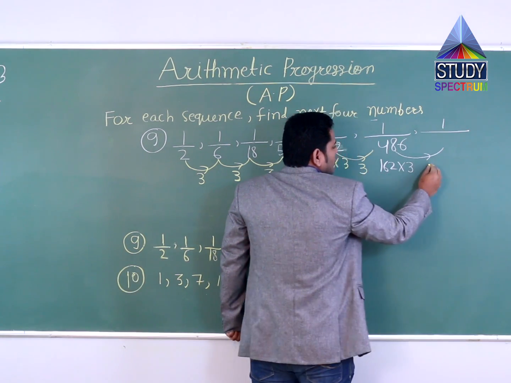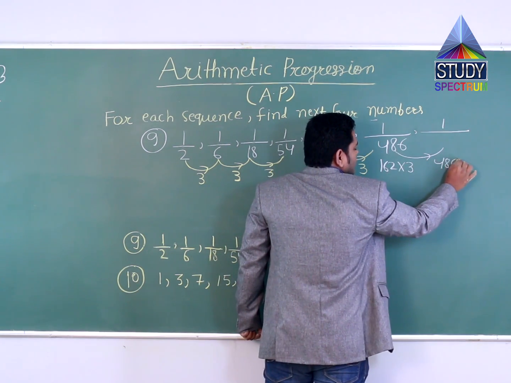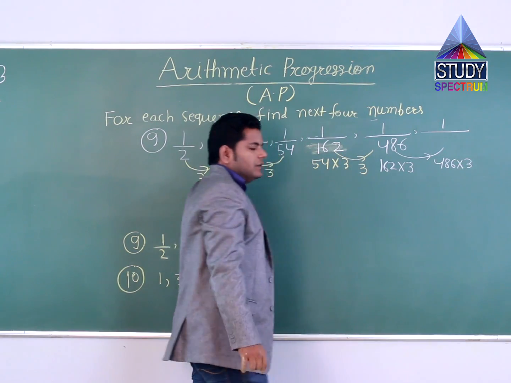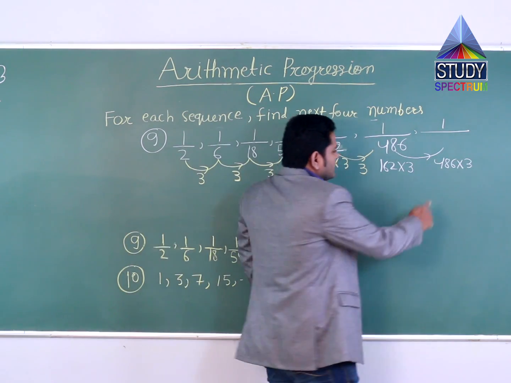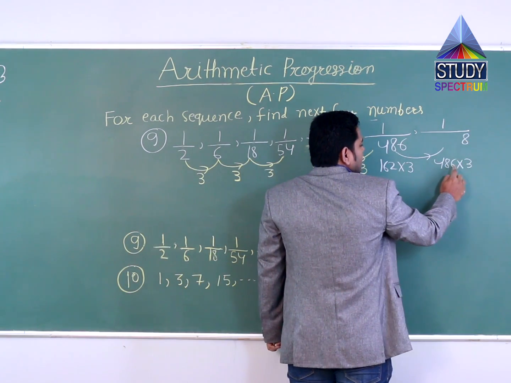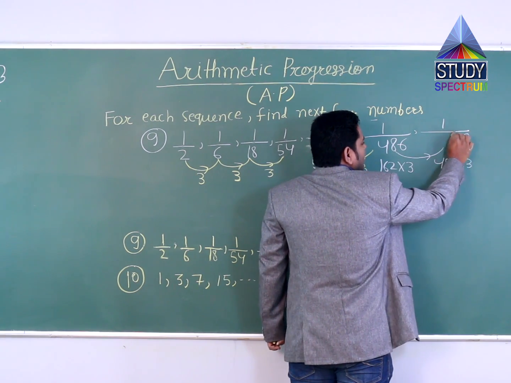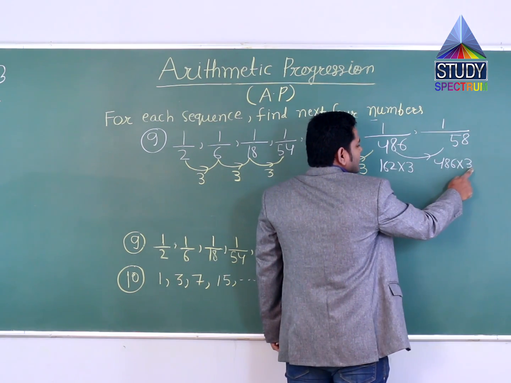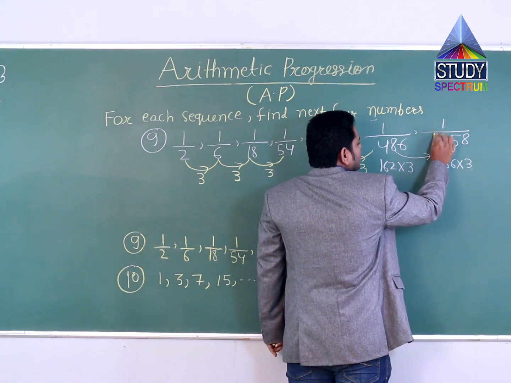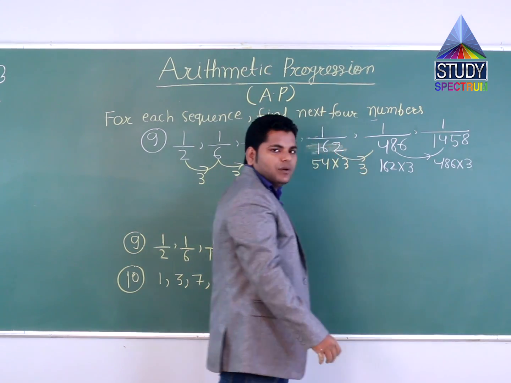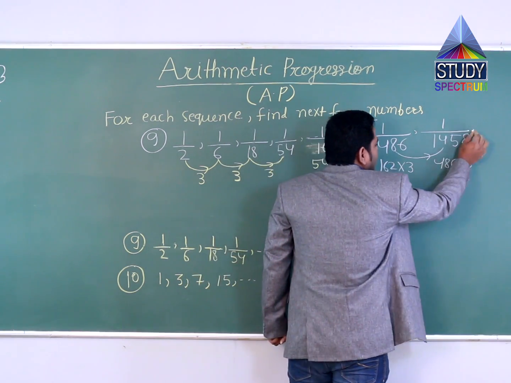Numerator has 1, but denominator is 486 into 3. So 6 3 is 18, 8 3 is 24 plus 1 is 25, 4 3 is 12, 12 plus 2 is 14, so 1458. Okay. And what will be the next one?